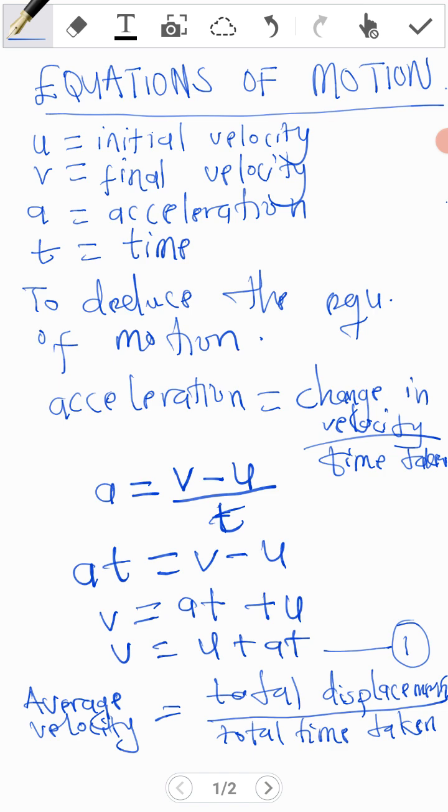Now with this equation, the average velocity is equal to the total displacement, and total displacement is actually represented with S. So let me write that before we continue.